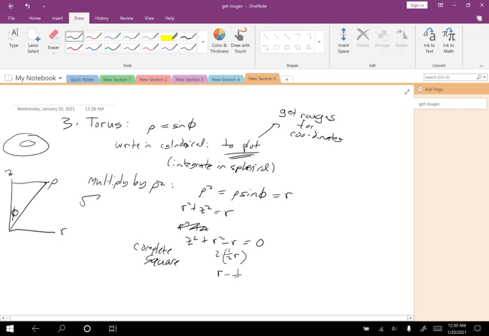So r minus 1/2 squared plus, minus 1/4, right? Because if we FOIL this out, this is r squared minus r plus 1/4. So now we need to cancel that 1/4. So we have z squared plus this thing minus 1/4 equals 0.